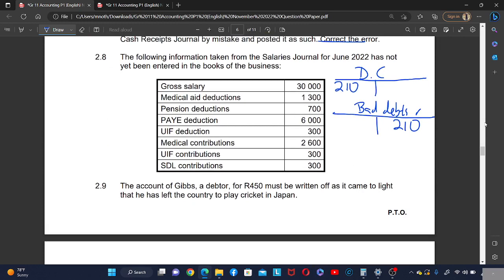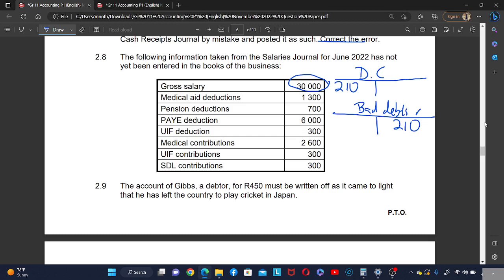The following information from the salaries journal for June 2022 has not yet been entered in the books of the business. If you can remember, when we were doing the salaries journal, the money that goes to the salaries is the gross salary.